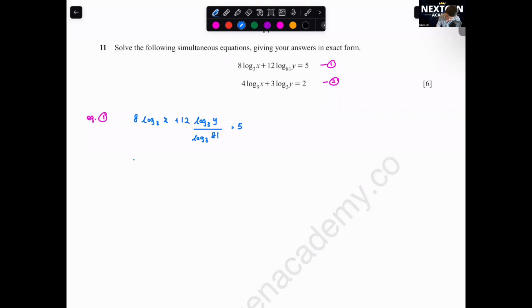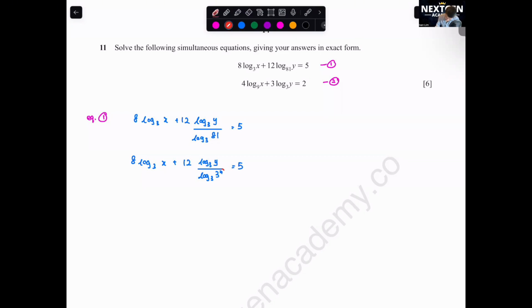What is log 3 81? 81 is 3 to the power of 4, so log 3 3 to the 4 equals 5.